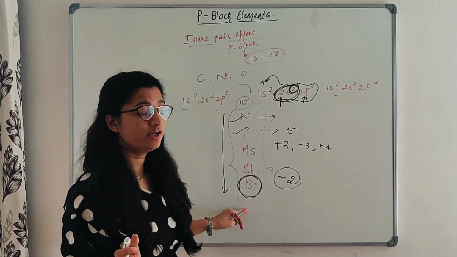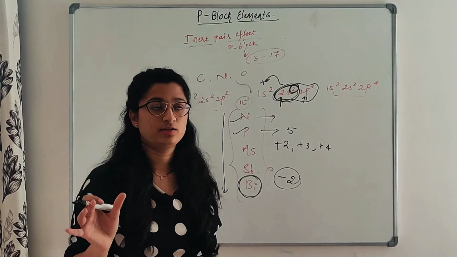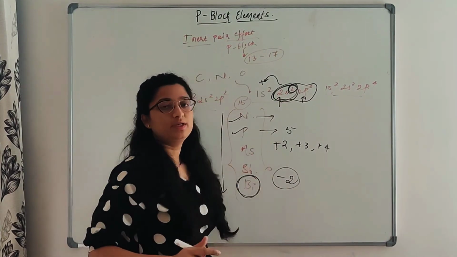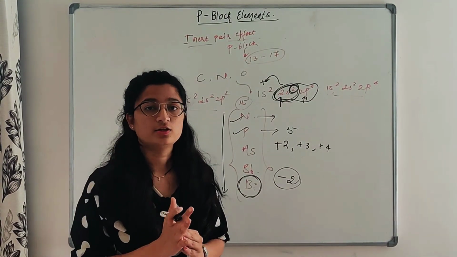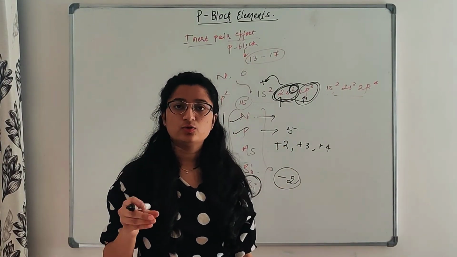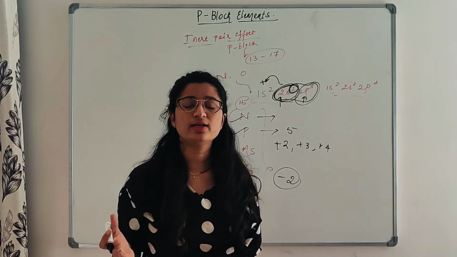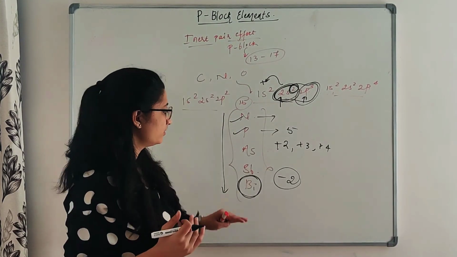So we are going to call this the inert pair effect. The s orbital electrons become inert. Only the p orbital electrons that are present will be involved in chemical bond formation. That is why the oxidation state will be reduced.